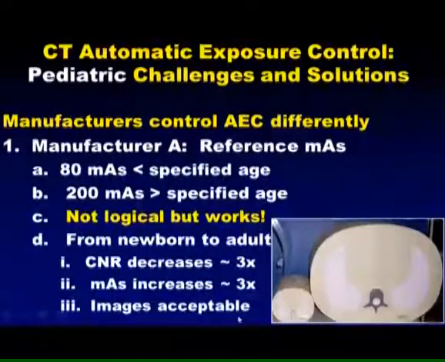That means that my mass is going to increase by about a factor of 3 for my adults compared to my children to give me acceptable images. Now, the contrast to noise ratios that I'm talking about here, I actually measured with these anthropomorphic phantoms. This simulates a newborn, and this simulates an adult.